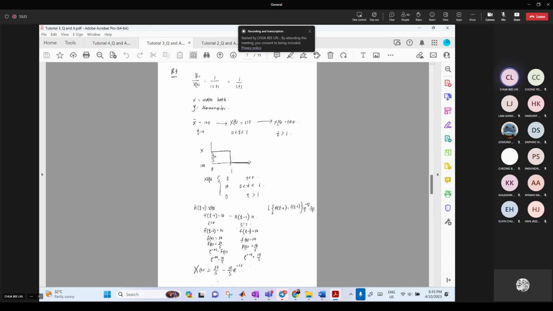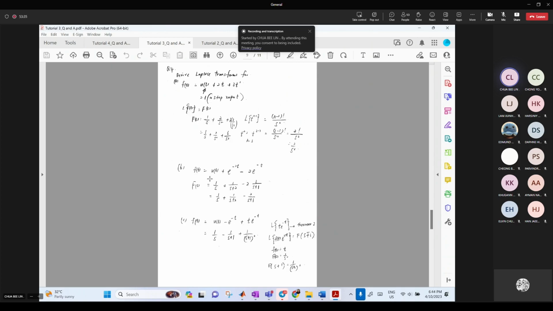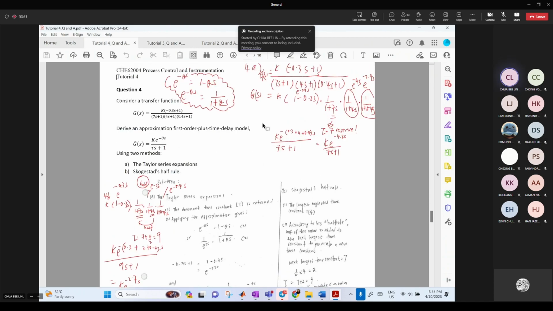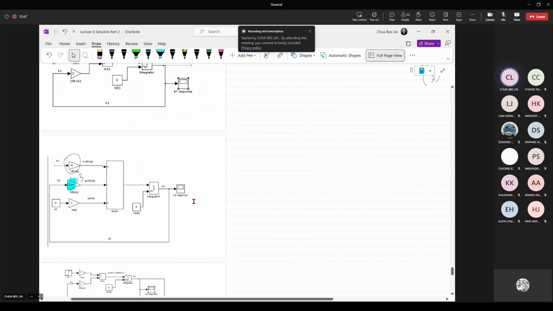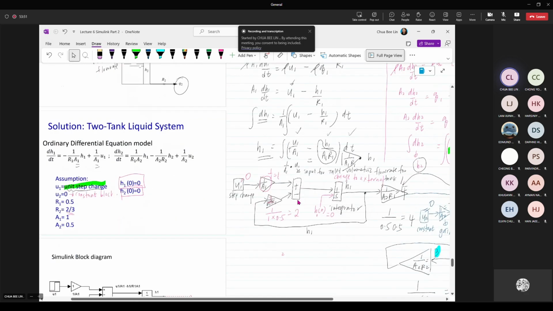Also focus on the approximation of the higher order, like the last question of this, and also the sketch of whatever you have learned this week or last week. You should be able to solve the manual calculation like this and proceed with the sketch. All this will be in your test 1. That's all.